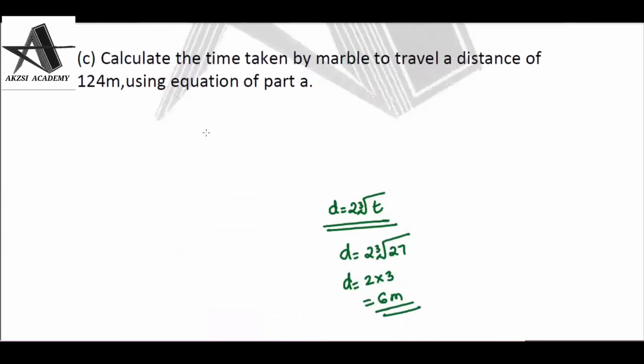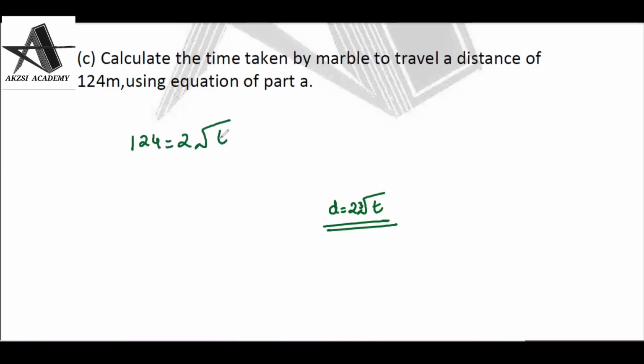Calculate the time taken by the marble to travel a distance of 124 meters using the equation of part A. Same, the equation is exactly the same, only I need to replace d with 124. In place of d, write 124. 2 times cube root of t. 124 over 2 is 62.